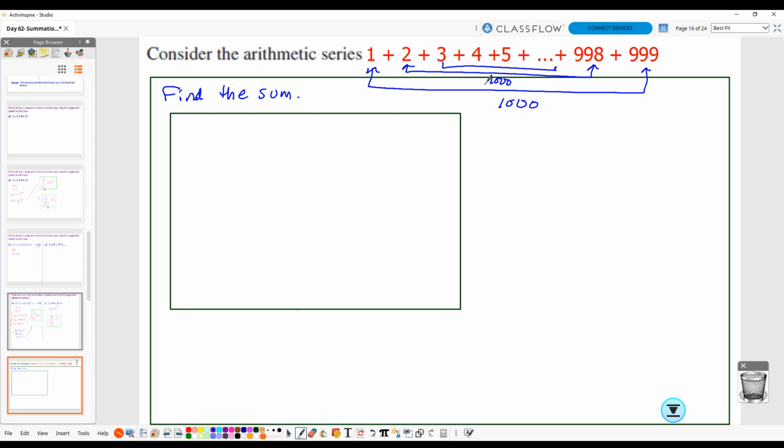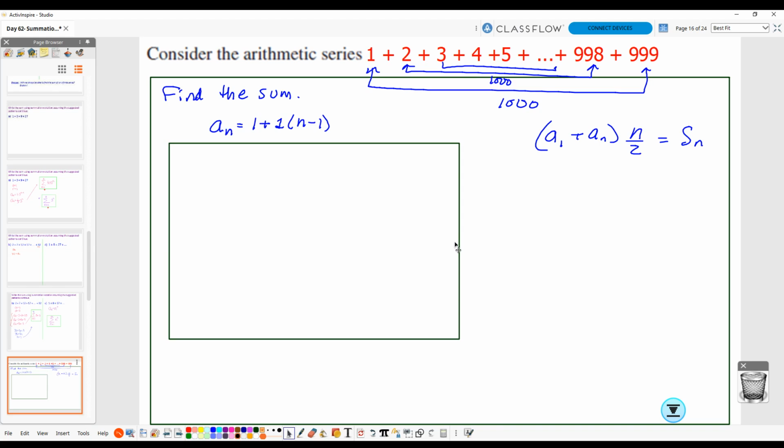And it's going to keep going that way. So it seems like we need to find out how many pairs of numbers we have. Because it looks like if I add the first term and the last term and find out how many pairs, that's what the sum of those first several numbers are going to be.